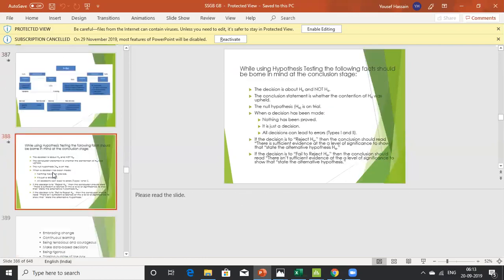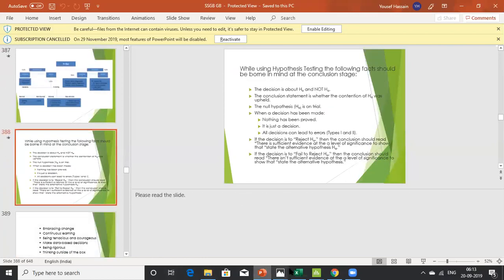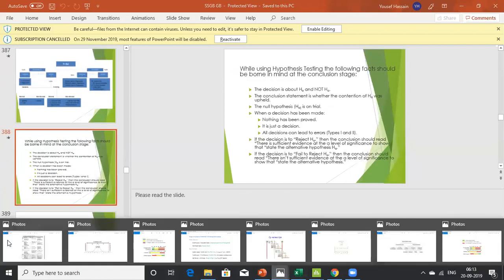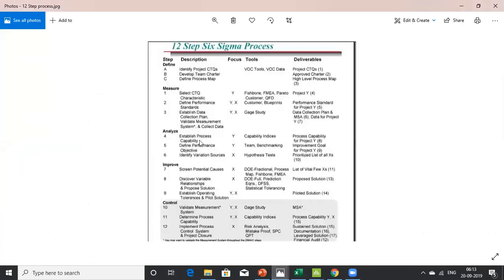So now from the 12-step point of view, we've learned establishing process capability, and how we define performance objective. That is something we just learned, on how we will look at an identical process and calculate that process capability, which we will keep as a benchmark, or we'll go for a customer-given benchmark or an industry-given benchmark.